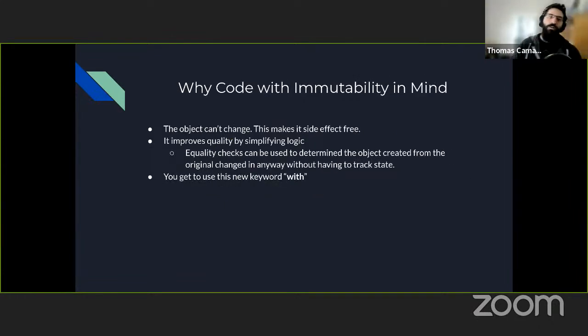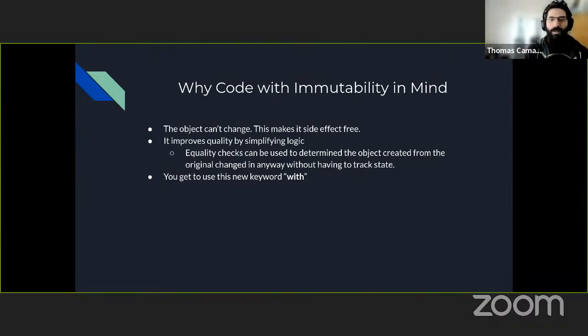So why code with immutability in mind? We talked about it briefly: objects can't change. That keeps our object from changing from underneath us, especially in a multi-threaded application, where that could potentially cause side effects or introduce bugs. It can also simplify your code base.